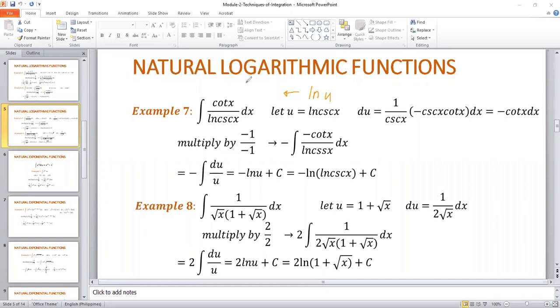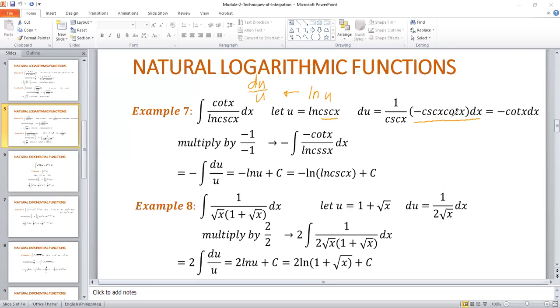Its derivative is du over u. You differentiate this u and you divide it by itself. So when we differentiate the cosecant, the derivative of the cosecant is negative cosecant x cotangent of x dx. Then it was divided by the u itself, which is the cosecant of x.